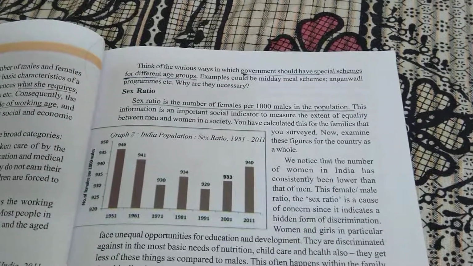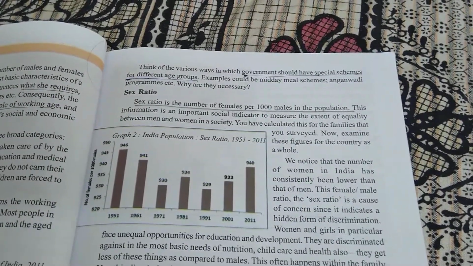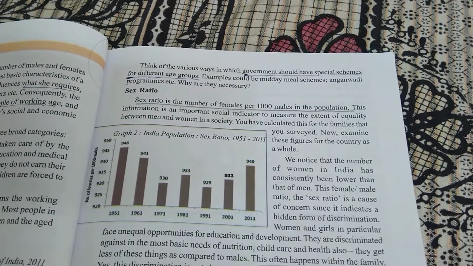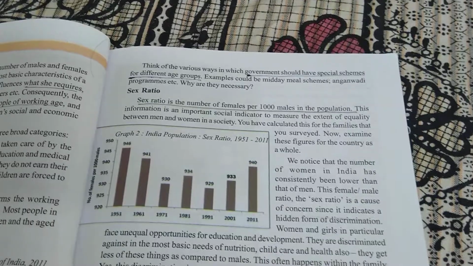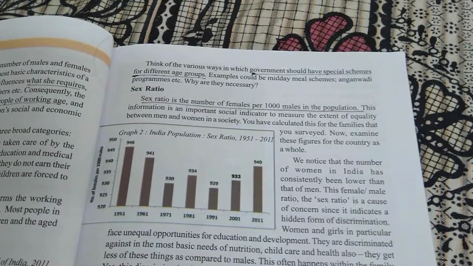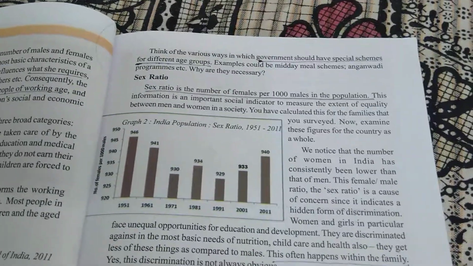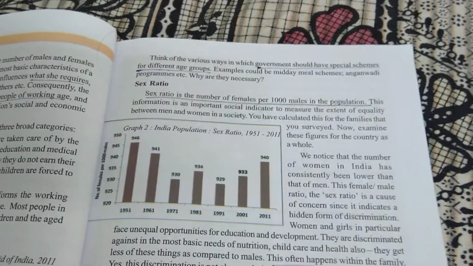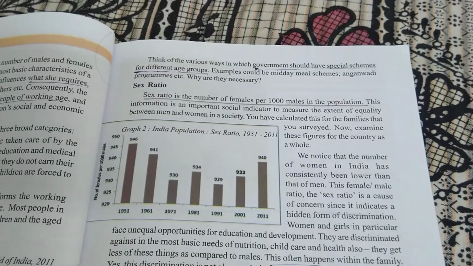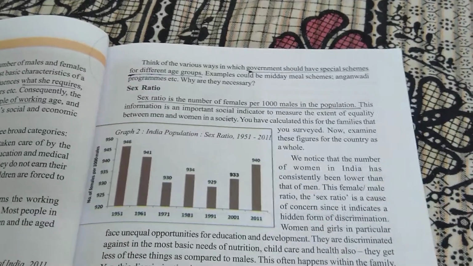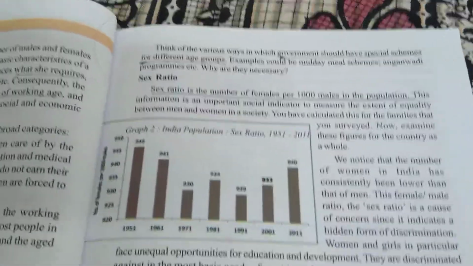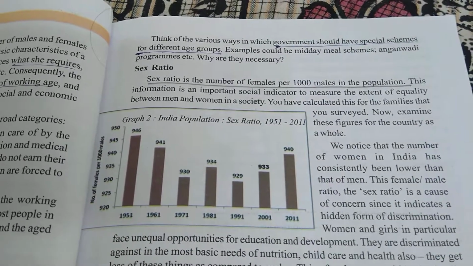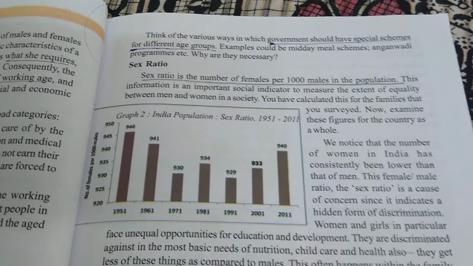Actually, as per medical research, girl children survive much better than boys. But even though, the sex ratio is less than the boys because of discrimination between men and women.